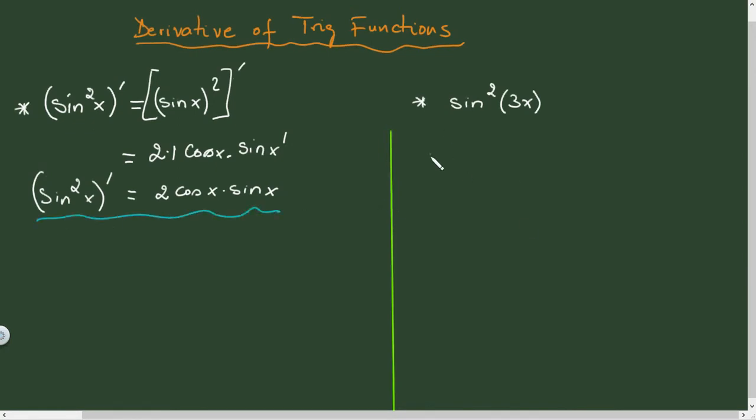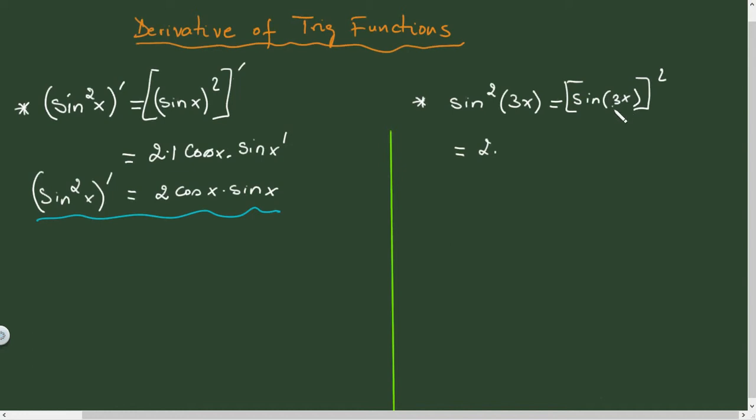So the second one, we're going to do the same thing. This is also equal to sine of 3x to the power 2. We also use the chain rule here. First, we take the derivative of the power, so we have 2, times the derivative of what is inside.